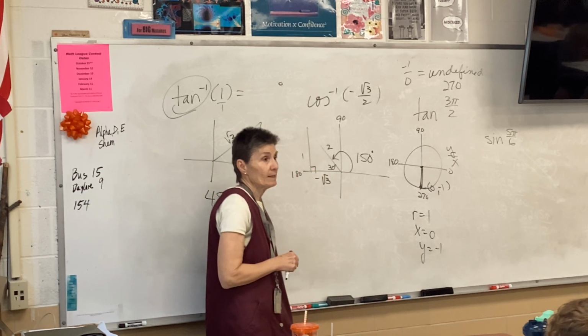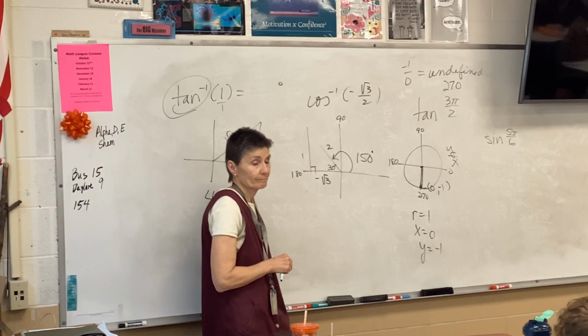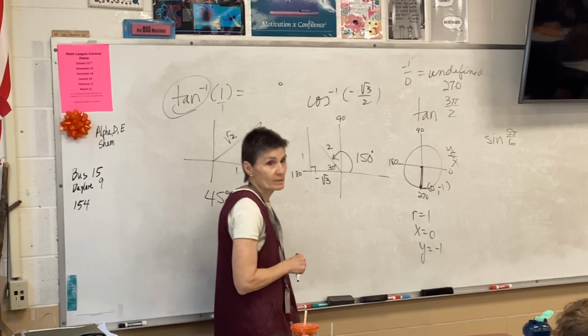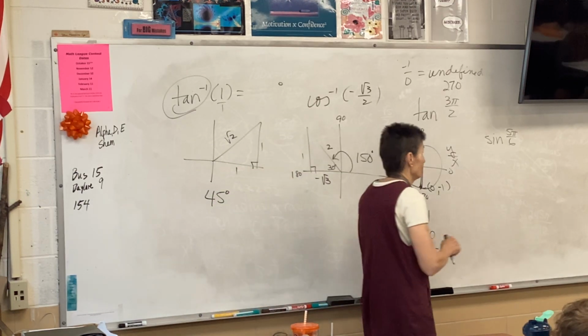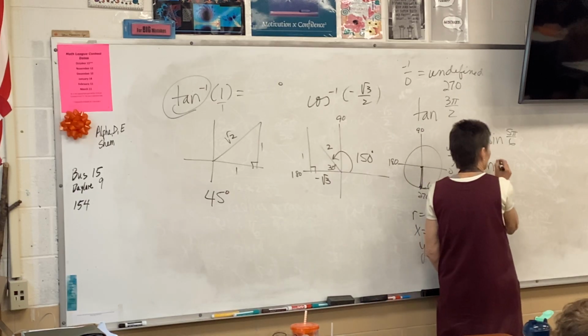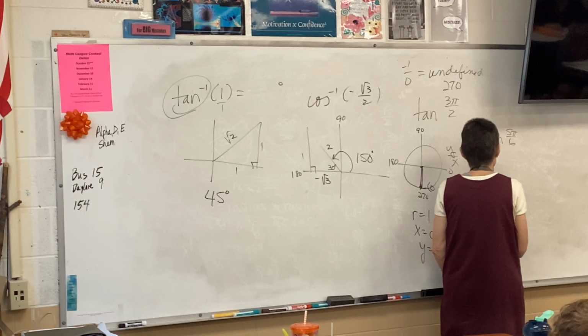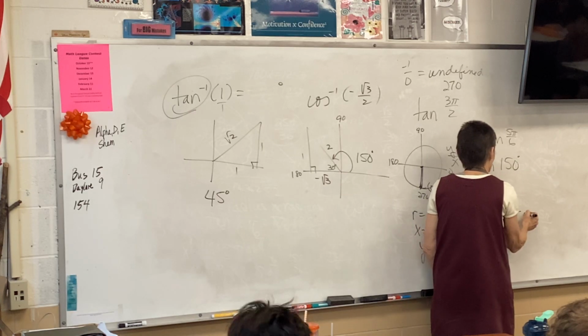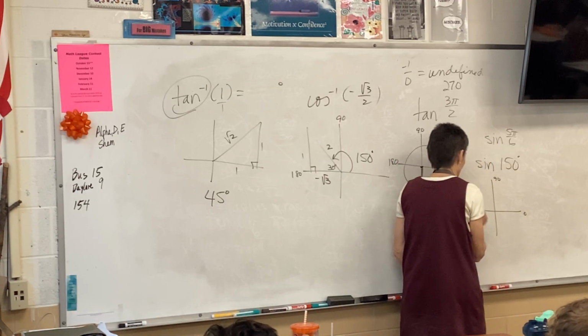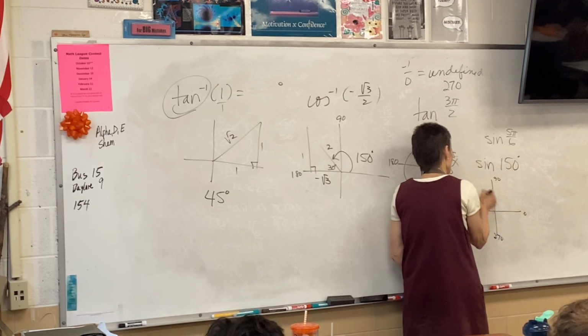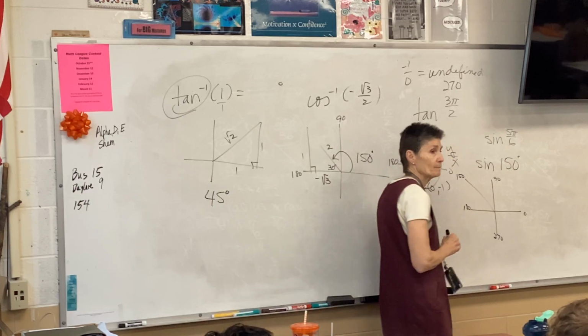Y over x, tangent, y over x. Isn't that the same thing? 5 pi over 6. Anybody know what 5 pi over 6 is? 150. 150 is gonna be over here.